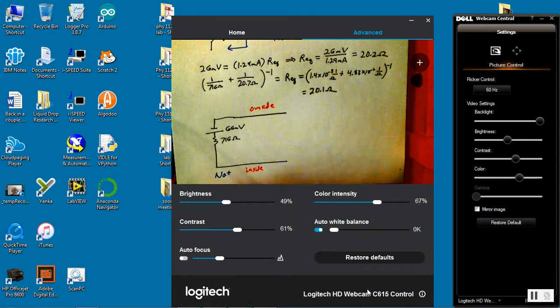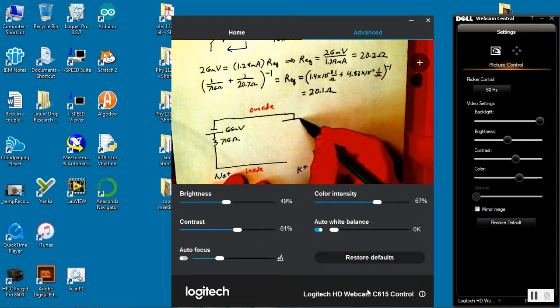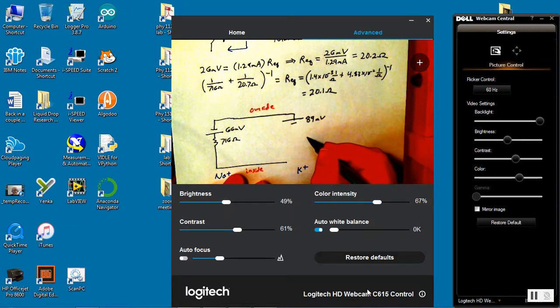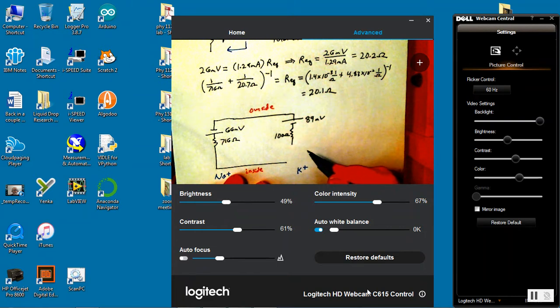Okay, so this is sodium on this side of things. On this side of things, we'll have the potassium. So we will have the 89 millivolt battery, representing all the processes that are separating the potassiums normally during the resting situation. We will have the normal 100 ohms, representing how permeable the membrane is to potassium during the resting.